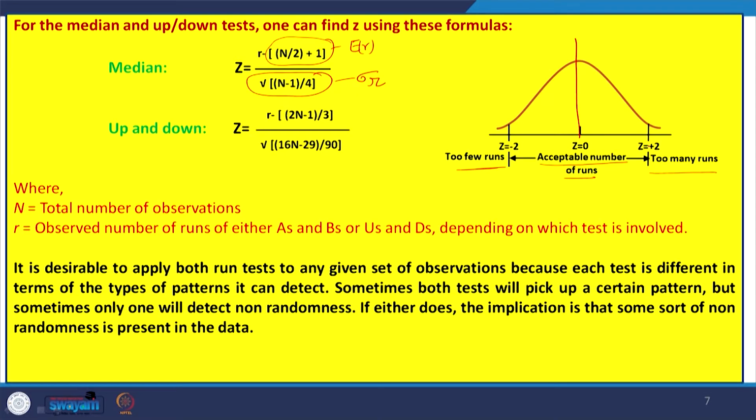So, we want a kind of mixture of these things. This is the interpretation of this particular graph. Now, we understand what the median test and the up and down test are.